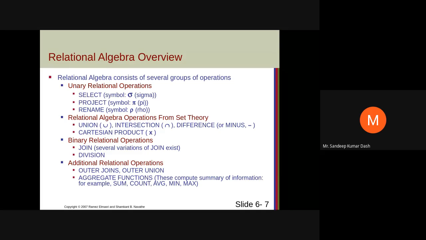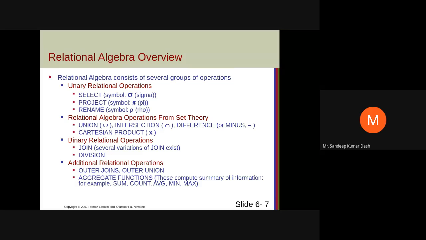So in select you are selecting the rows. In project, similarly, you will fetch the columns. And in rename, you are renaming the relation name or the intermediate result. Whatever result table you are getting, that name you are changing.